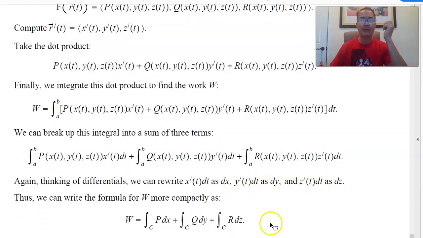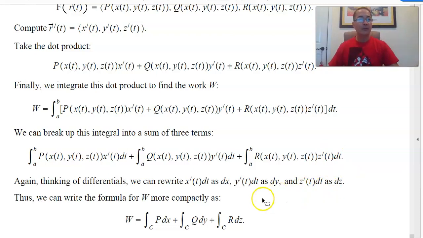Well, remember how we said let's call r prime of t dt just dr. In the same way, let's call x prime of t dt just dx, y prime of t dt dy, z prime of t dt, call it dz.